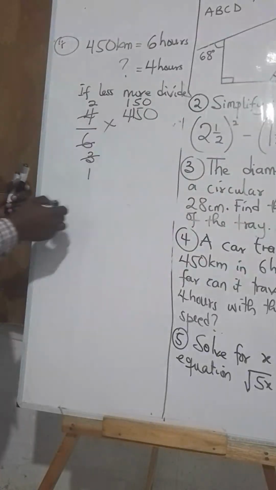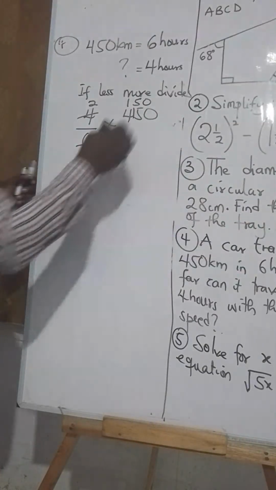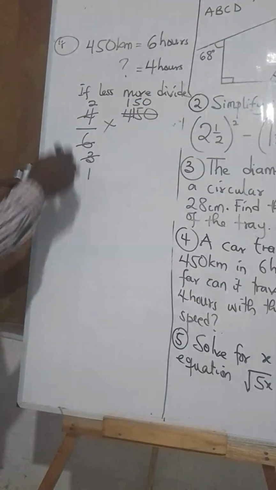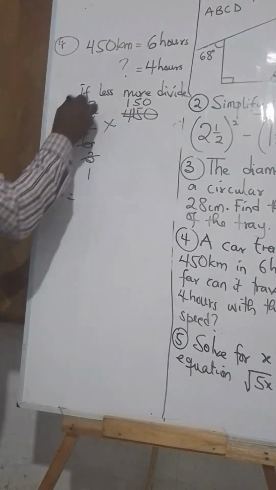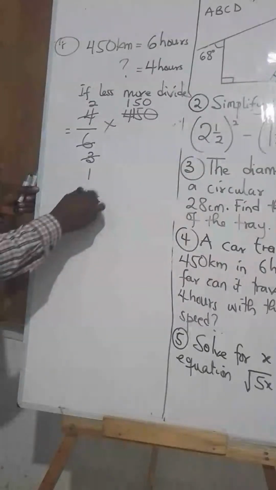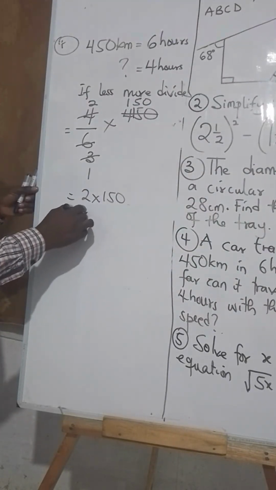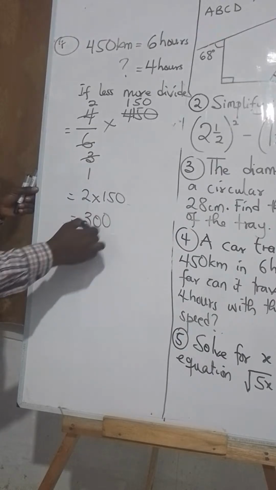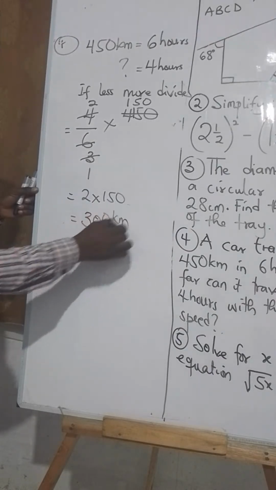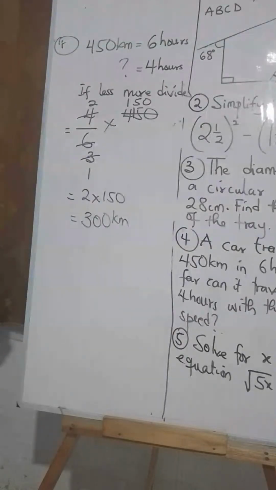So 3 into 450, that's 150 times. So you get 2 by 150, and that will give us 300 kilometers. So meaning 4 hours will be 300 kilometers.